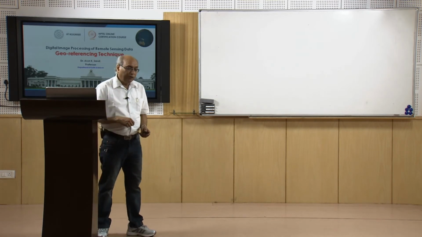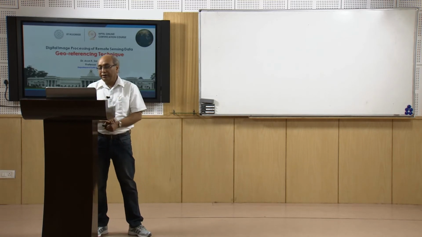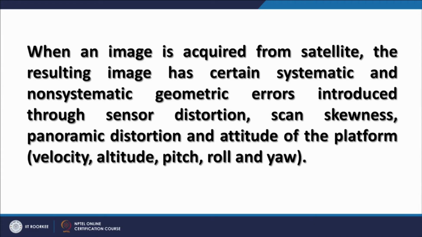Now, as I have earlier mentioned very briefly, when an image is acquired by a sensor on board a satellite, the resulting image may have certain systematic and non-systematic geometric errors. One error is already coming because most of the images which we use in digital image processing come from polar orbiting or near polar orbiting satellites, and due to the earth's rotation, skewness effects will always be present in raw images.